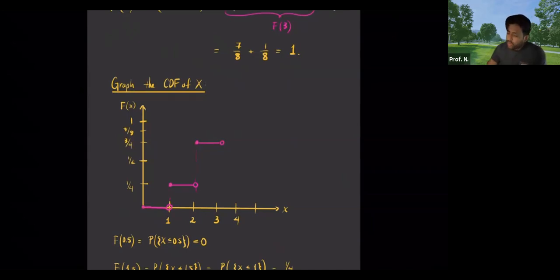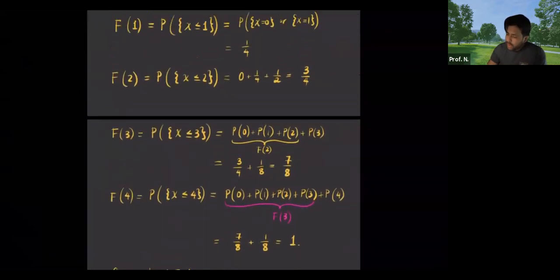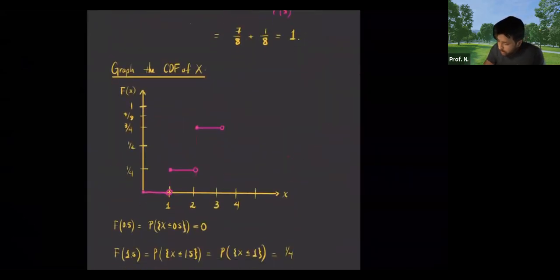And then finally, from 3 to 4, I get 7/8 right here. And then finally at 4, I get 1.